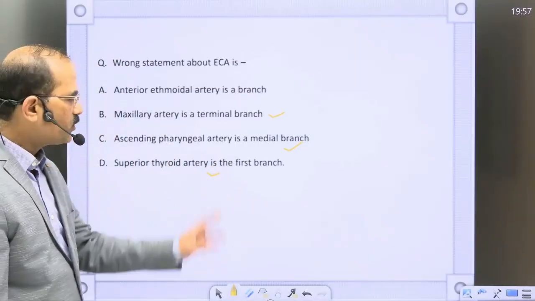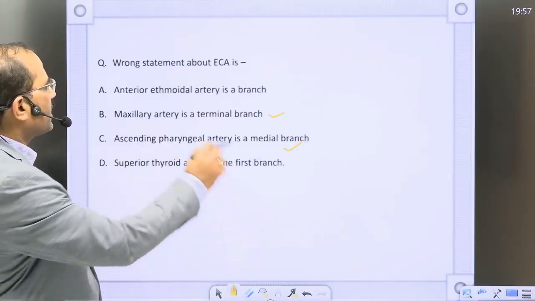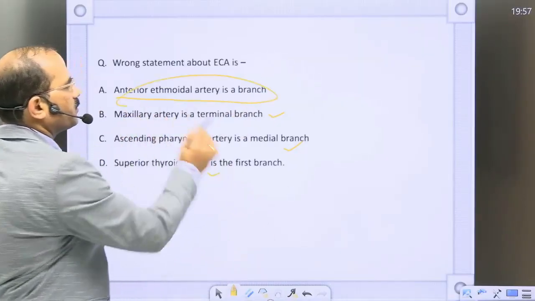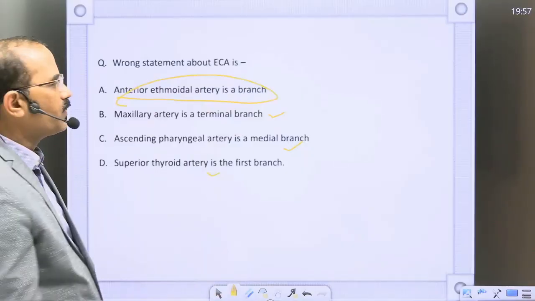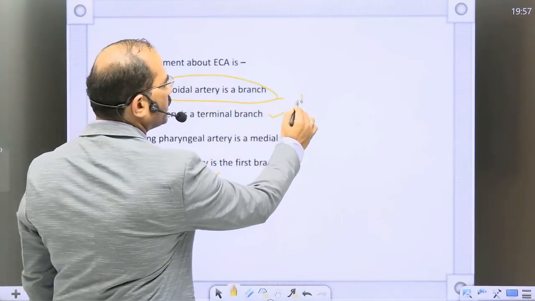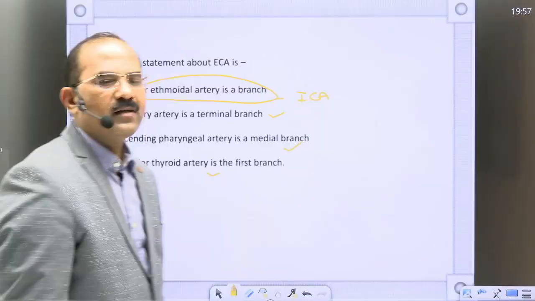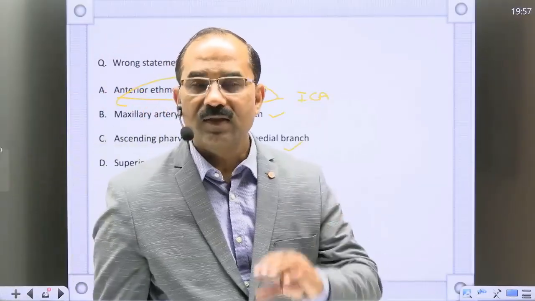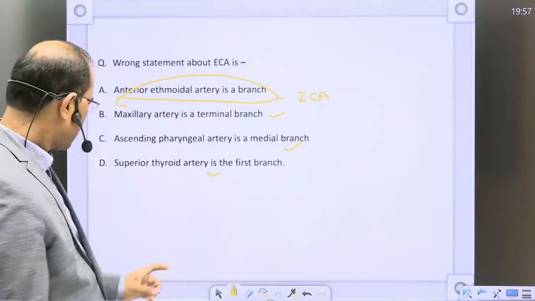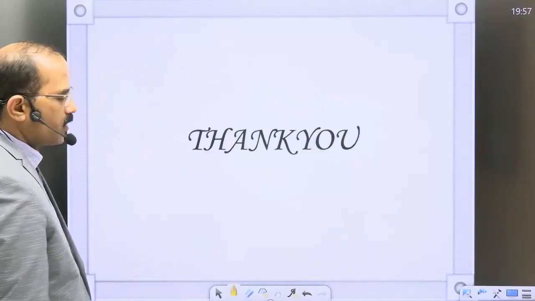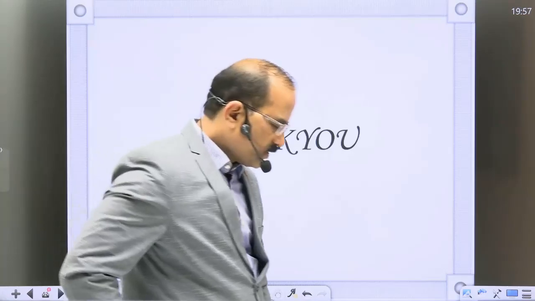So what is the answer here? Anterior ethmoidal artery is a branch. No, the anterior ethmoidal artery is a branch of internal carotid artery. Clear, students? So I hope this carotid triangle is clear to you.